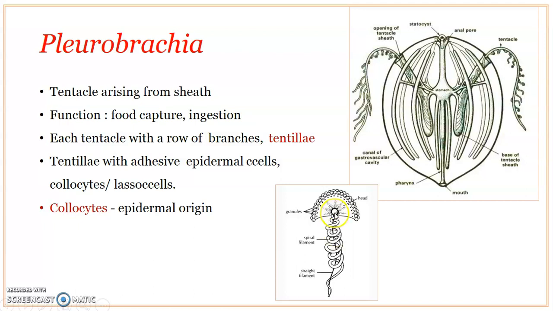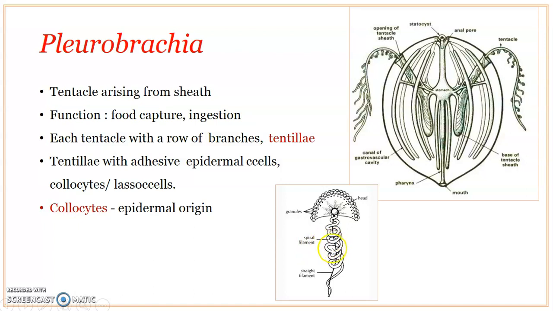This axial filament represents the highly modified nucleus of a single colocyte. This is a single colocyte. It represents a highly extensible, highly modified nucleus of the cell, and this structure helps in anchoring the colocyte into the epidermis and the mesoglea.